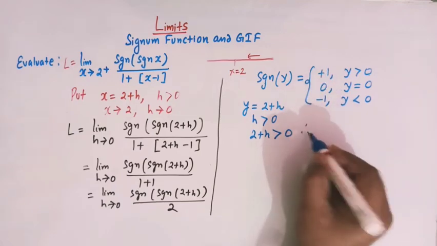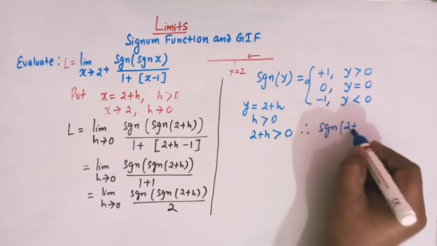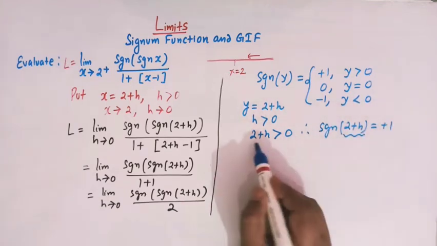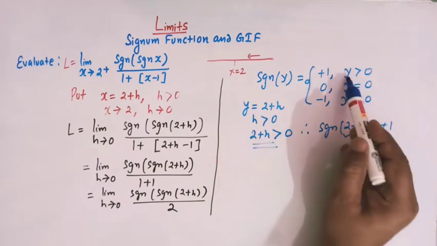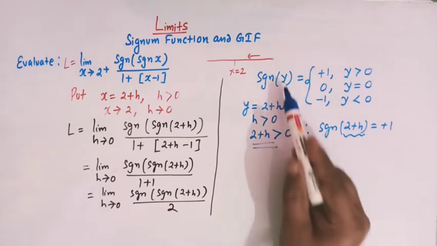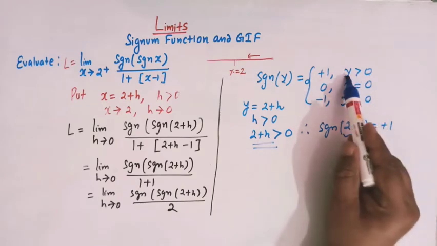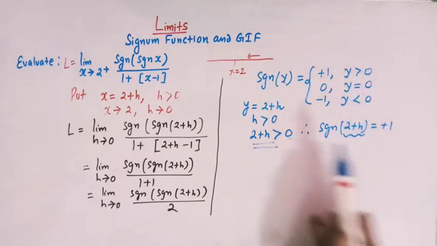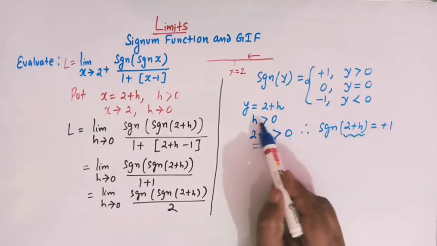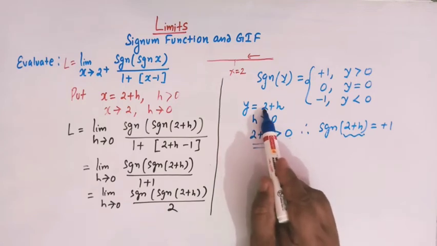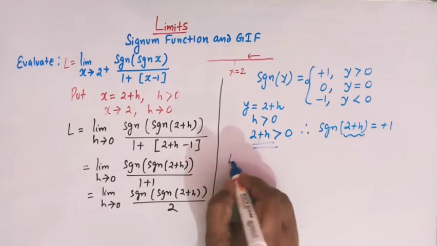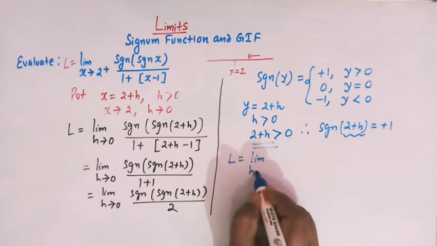Therefore signum of 2 plus h is equal to plus 1, because h is positive, 2 is positive, so 2 plus h is positive.